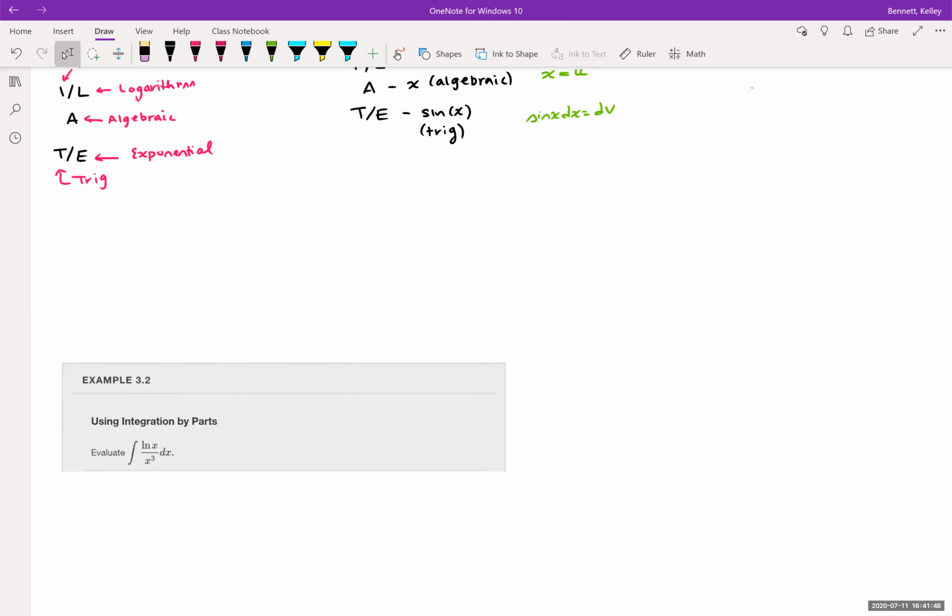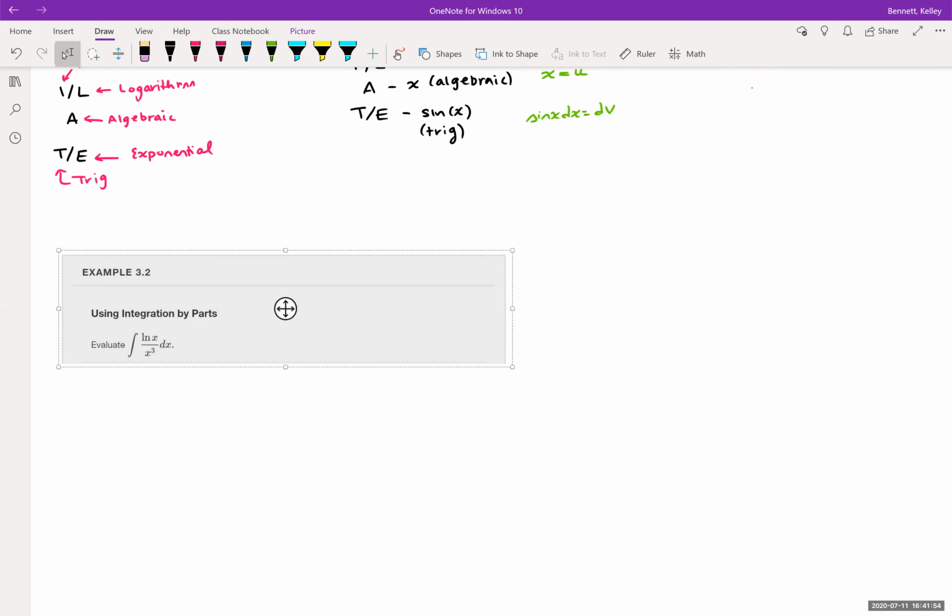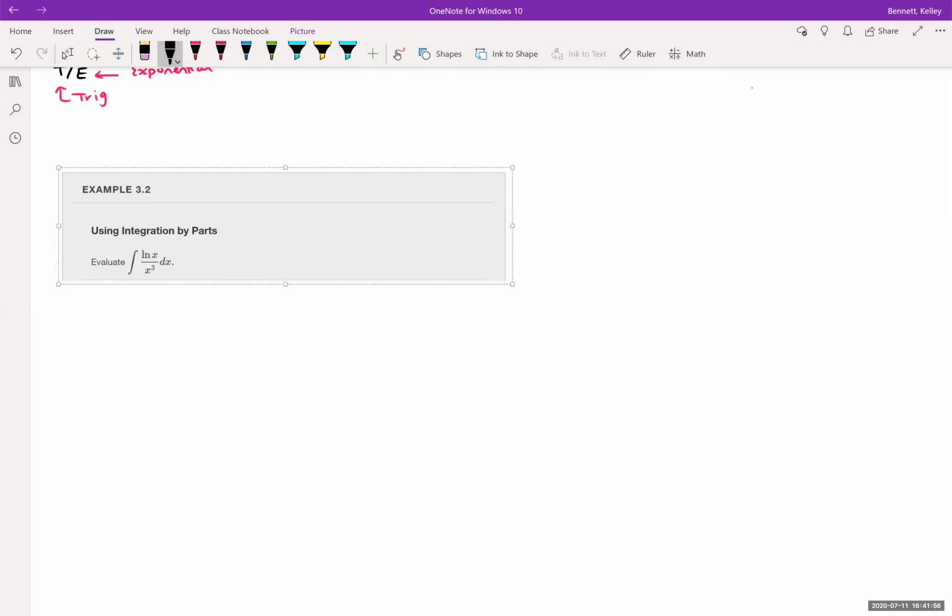So let's see if we can use this ILATE mnemonic to determine the integral given here. The first thing I would do is make my list. I, L, A, T, and E. So I have two functions. I've got ln of x and 1 over x cubed. So ln of x is obviously logarithmic, so this is going to be ln of x.